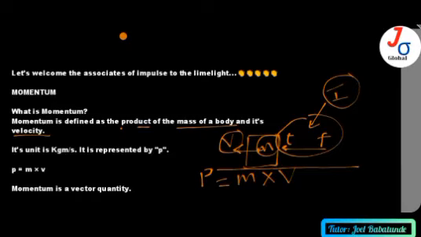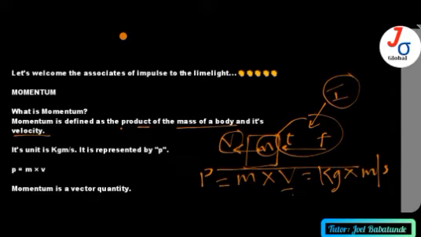All right, good. So if momentum is mass times velocity, then the unit of momentum is as follows. Mass is measured in kg, multiplied by velocity, which is measured in meters per second.